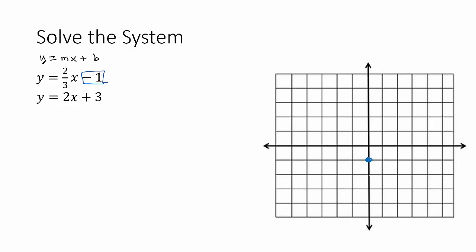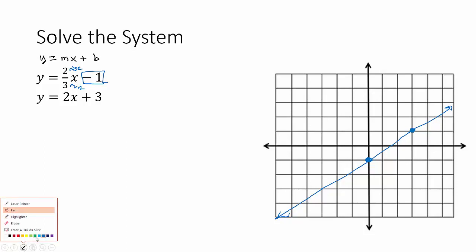So we'll start at -1 there. And the slope says we need to rise 2 and run 3. So rise 2, run 3. There's another point. And so we're going to get this graph of this line. There's the first line.